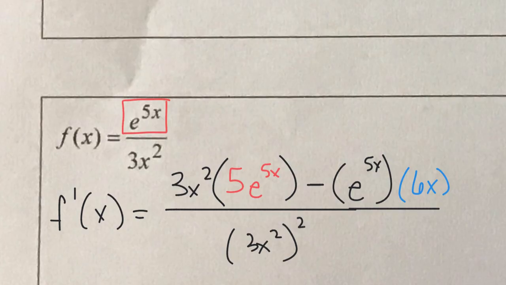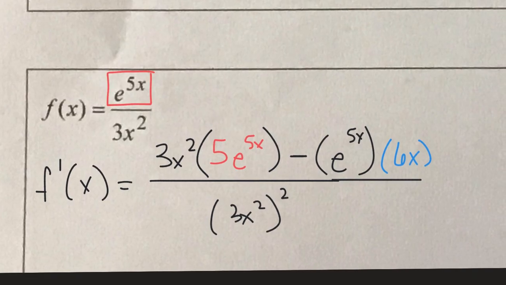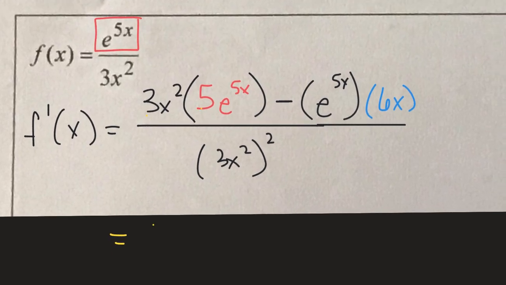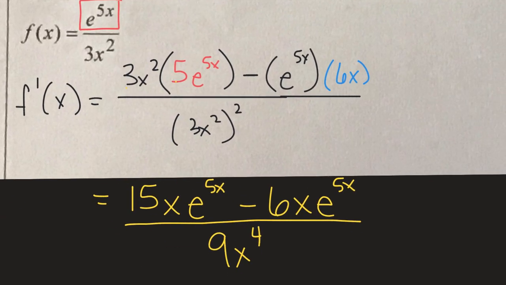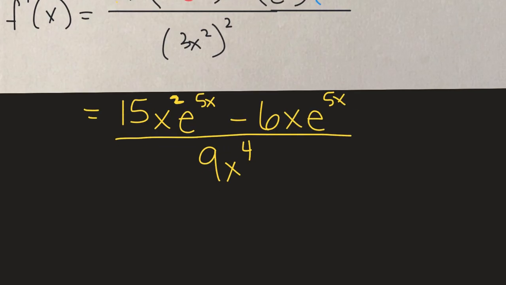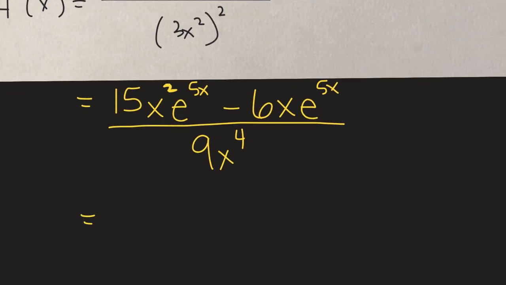Okay? So let's see, what do we have when we simplify the numerator? I've got 3 times 5, which is 15x e to the 5x minus 6x e to the 5x over 9x to the 4th. So if we continue simplifying, we can pull out an e to the 5x from our numerator, and we can pull out an x.